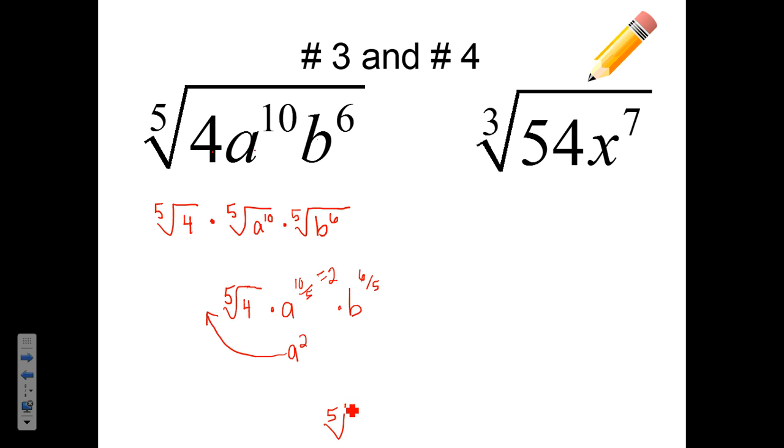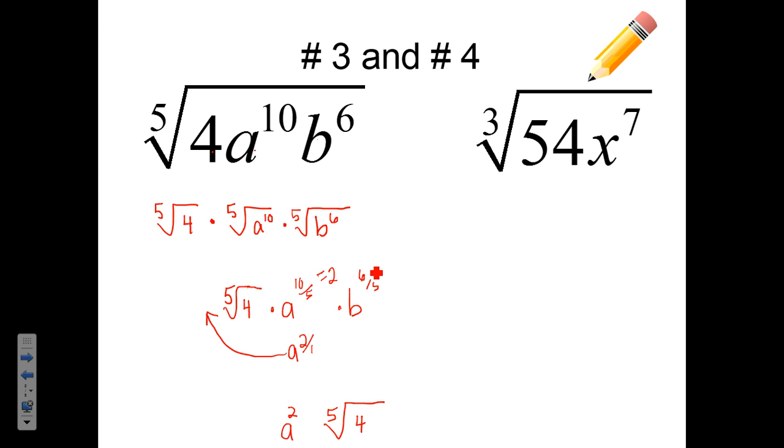So I'm going to write my answer down here, and I'm going to put this a squared out in front because it's not in the radical anymore. The denominator is 1, and if the index is 1, there's no such thing as a 1 root. Okay, there's a square root and a cube root, but there isn't a first root. So if the denominator is 1, then it just goes out in front.